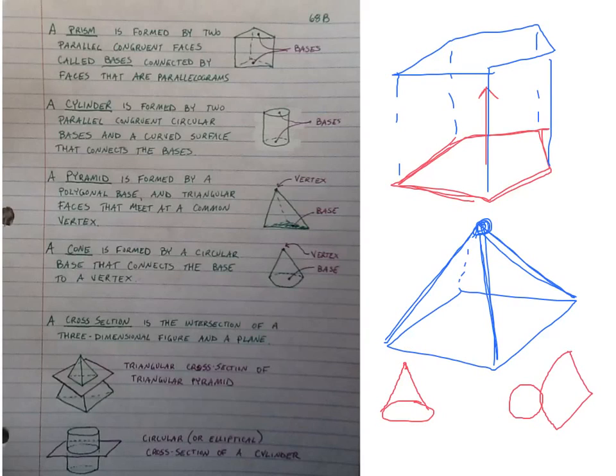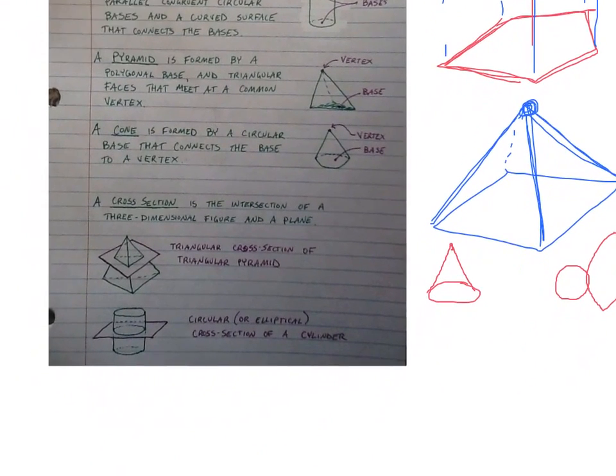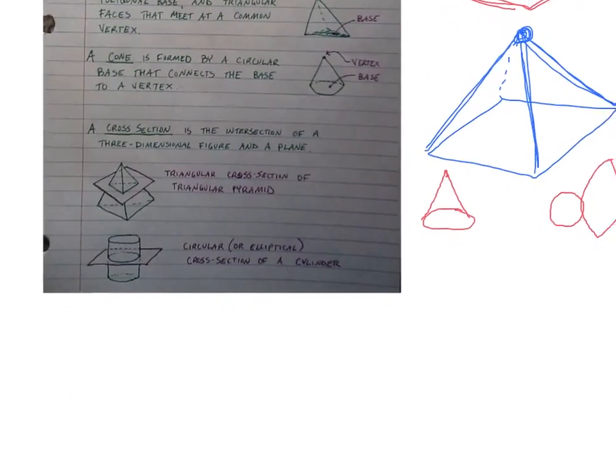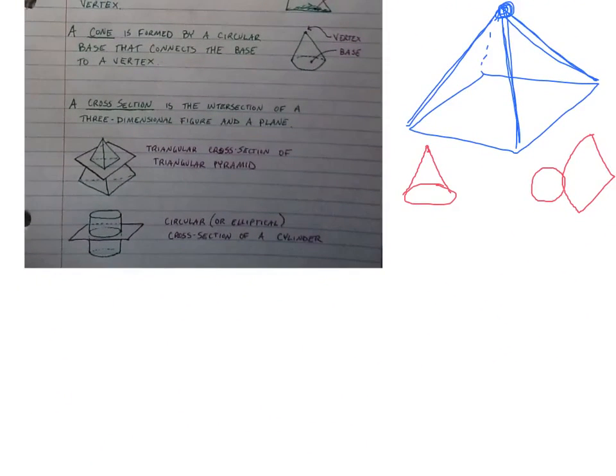Alright, the last term that we should be able to identify is a cross-section. A cross-section is the intersection of a three-dimensional figure and a plane. And I've drawn two cross-sections here. You can see what I've done is I've taken a triangular pyramid, and this triangular pyramid has been intersected by a plane. And that created a triangular cross-section.